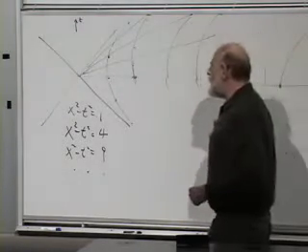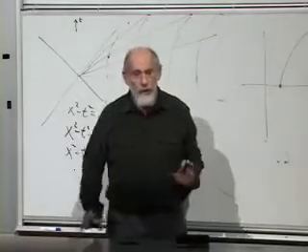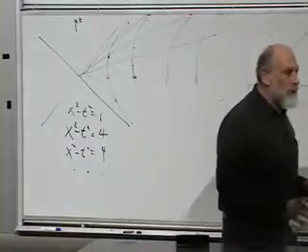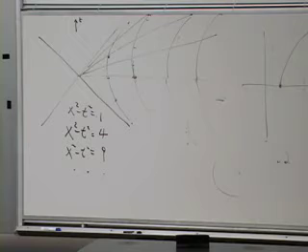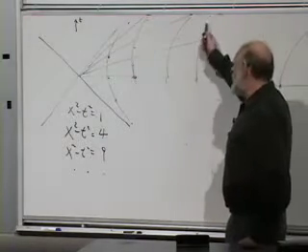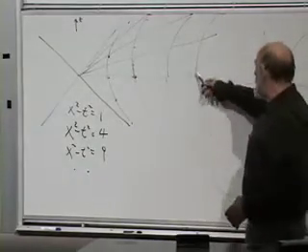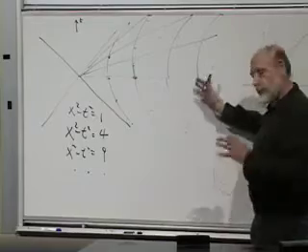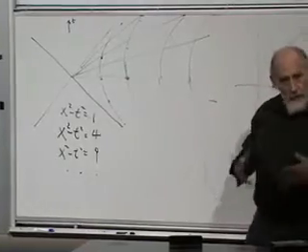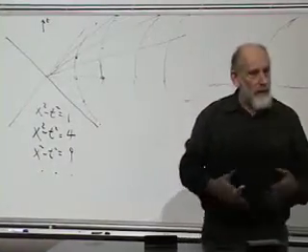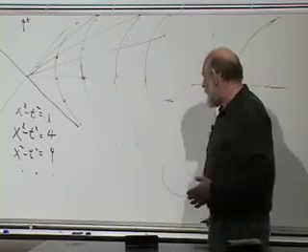But this is the closest thing that there is to a uniformly accelerated reference frame. Each one of these observers sees something going on which is time independent. It sure looks like it's time dependent. It looks like it's going faster over here, but what they feel in their own rest frame is identical all along the trajectory.